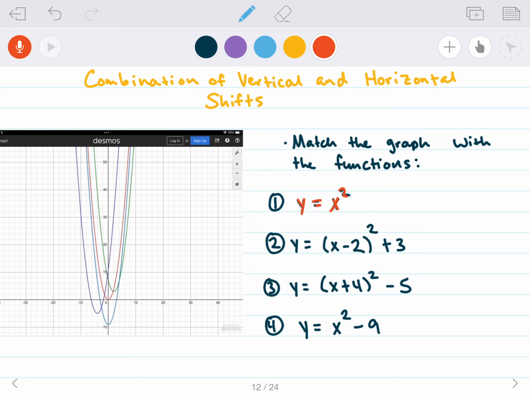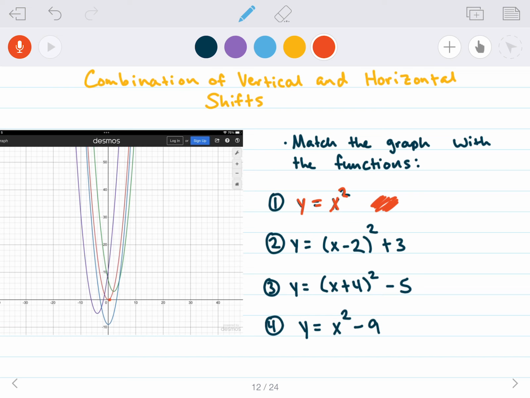And we can see that the basic parent function on this picture is going to be the red guy because the origin is the vertex, and it matches up with all of the points on y equals x squared. So the vertex, that's the key thing. If the vertex is at 0, 0, and all we're dealing with are shifts, then you know that has to be the parent function.